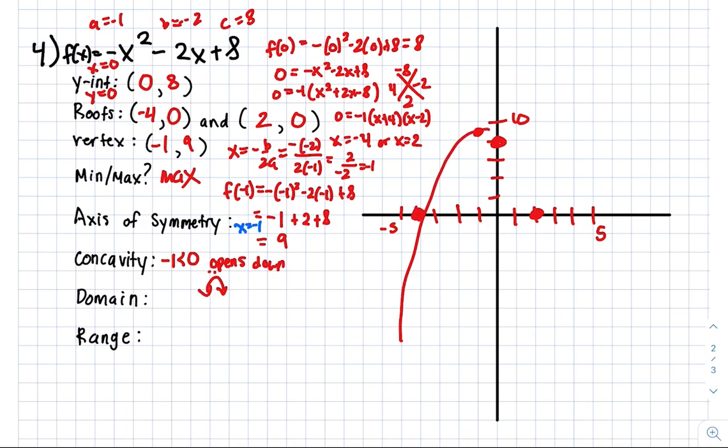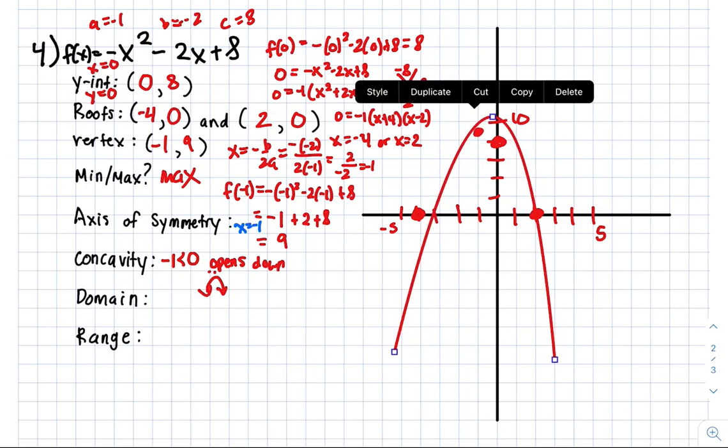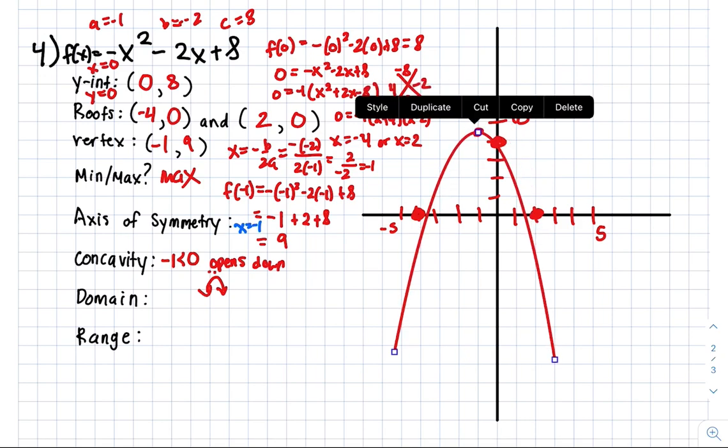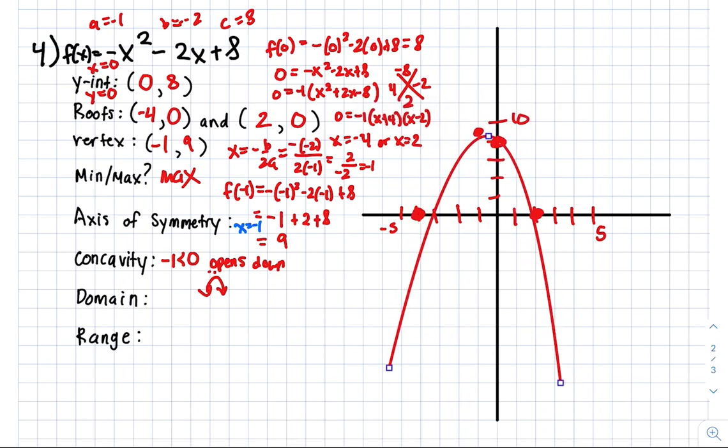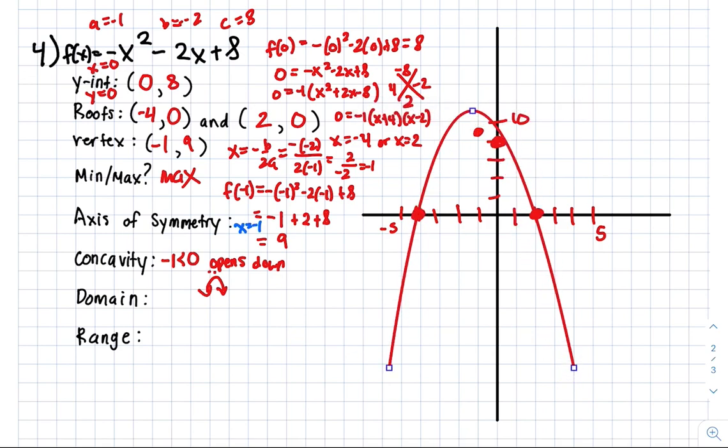And let's graph this. I'm trying to get it to match up. There we go. And then you guys know your axis of symmetry is on x equals negative 1.